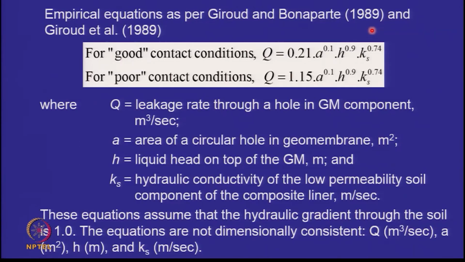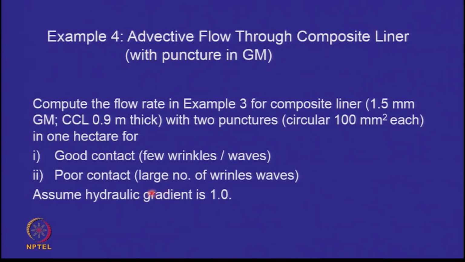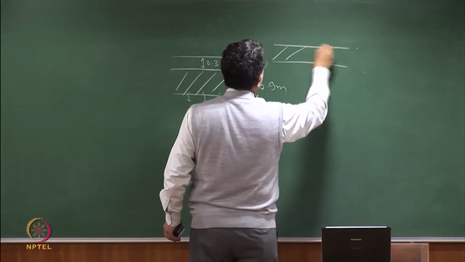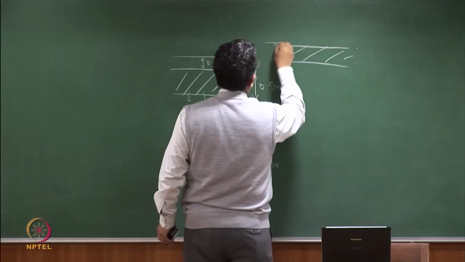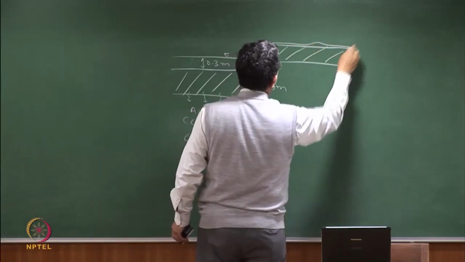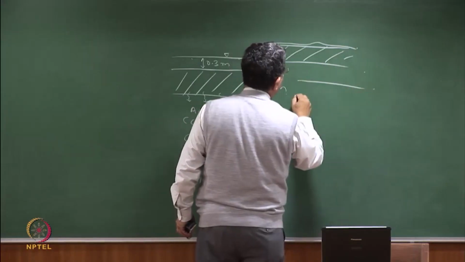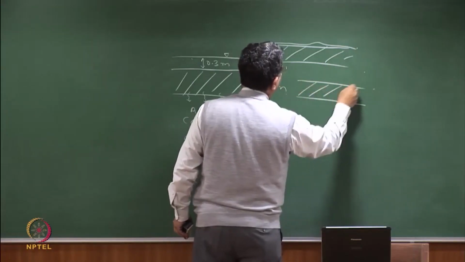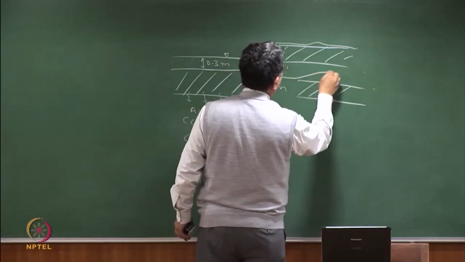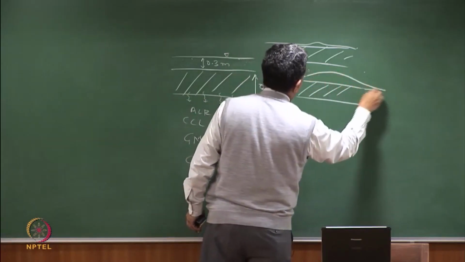And what is good contact and what is bad contact? Good contact means few wrinkles and poor contact means large number of wrinkles. So in a way, when they did the testing in the laboratory, this was the compacted clay. A good contact meant this, and a poor contact meant this.